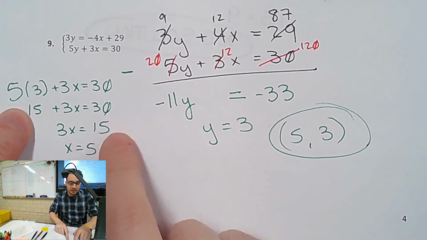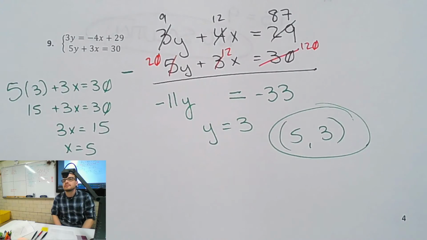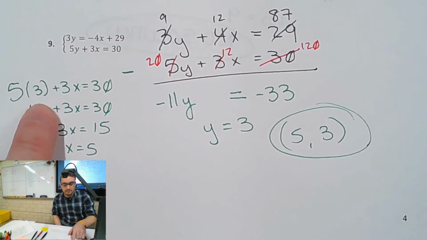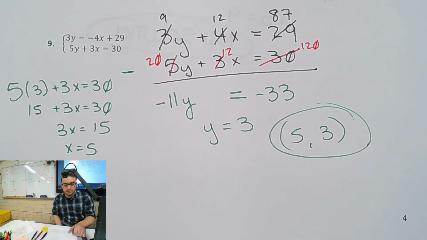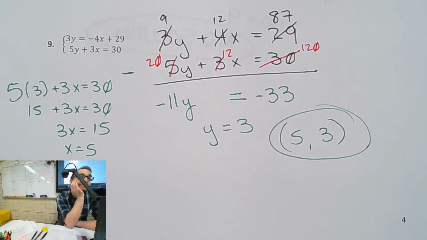I subtracted 15 and got 15. Wow. 30 minus 15 is 15. That's a coincidence. Very good. I plugged in 3 for y, because that's what I knew, and I found x was 5. Yes. Feeling okay? Yeah. All right.